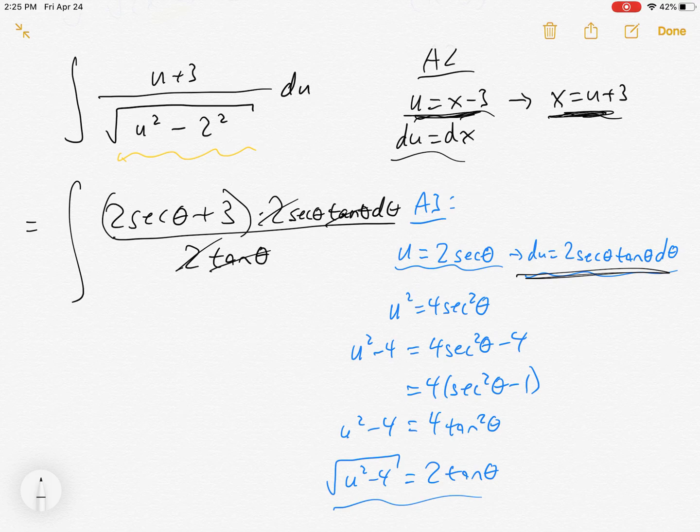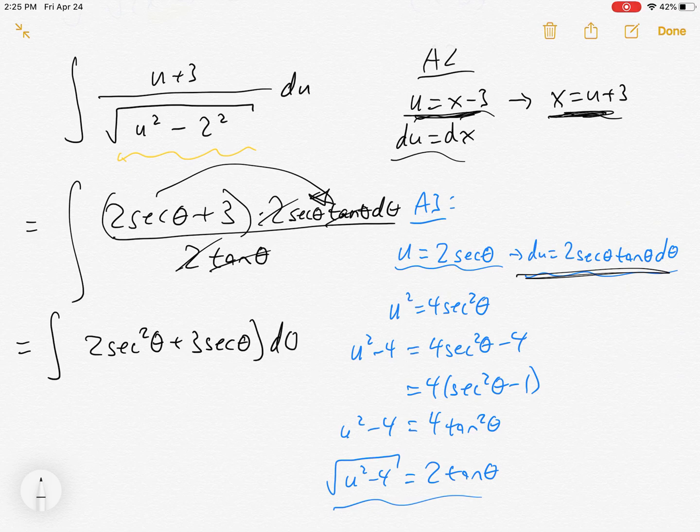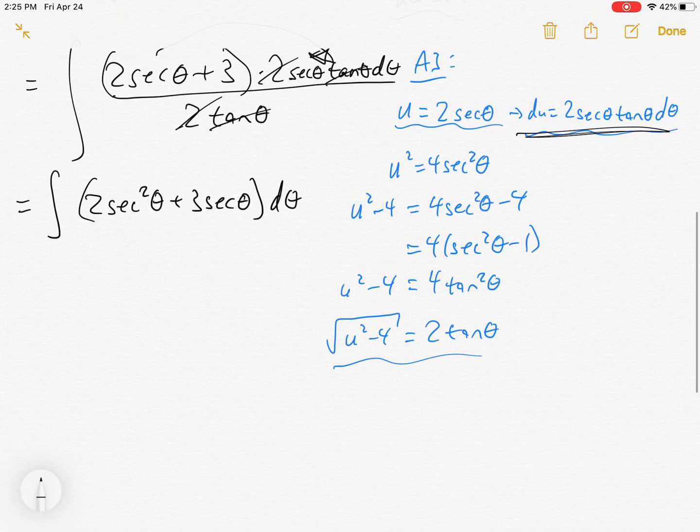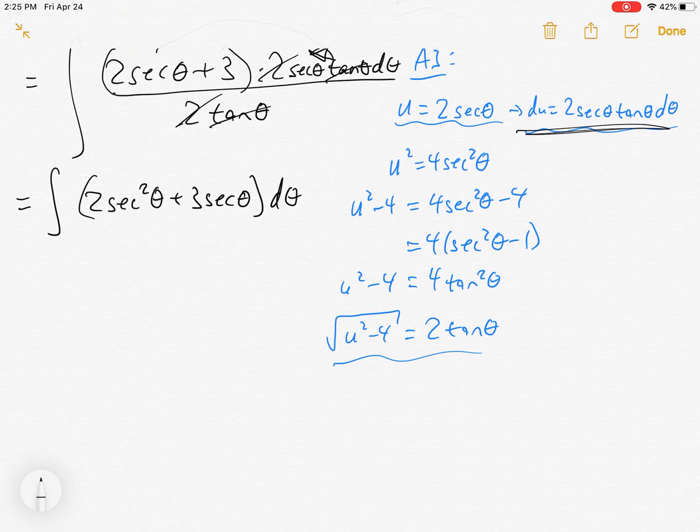And then down below, it's just 2 tangent theta. Wow, that's nice. So we have lots of things that can cancel. 2's cancel. Tangent thetas cancel. And so we're left with, we can distribute the secant theta. So we have the integral of 2 secant squared theta plus 3 secant theta, d theta.